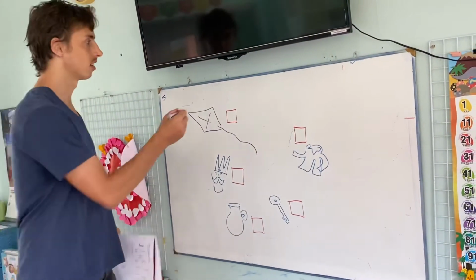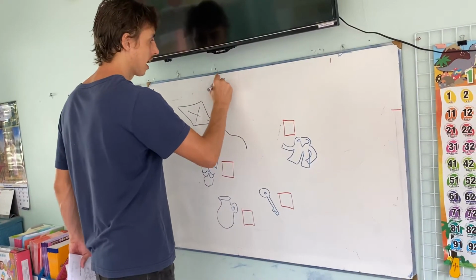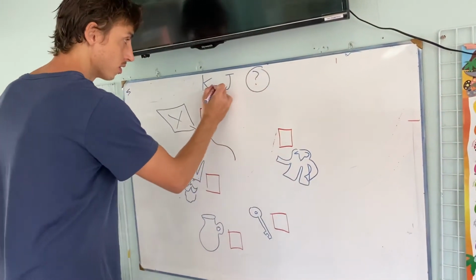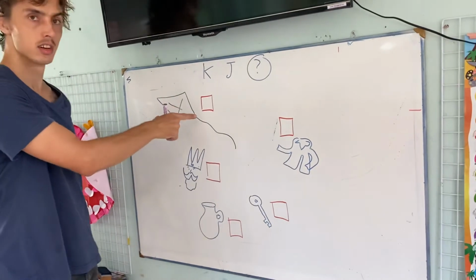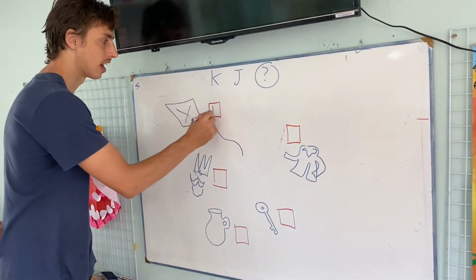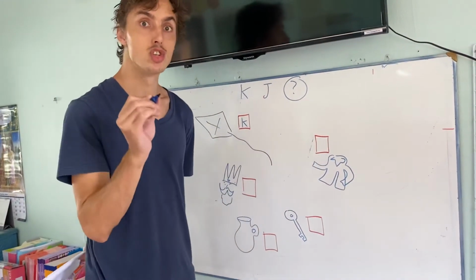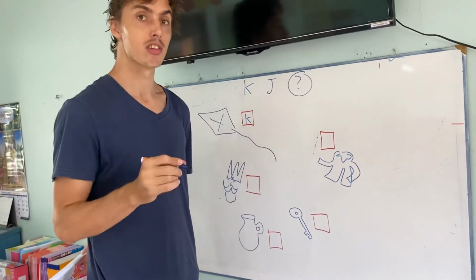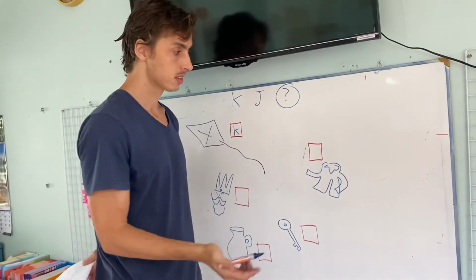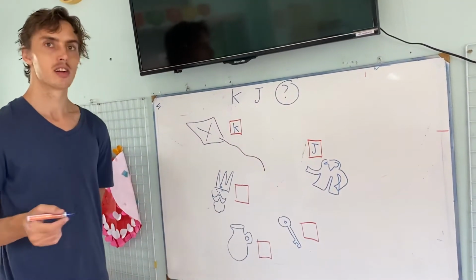Kite. Is it a K? K or J? Kite. K. Jacket. J. Jacket. K or J? J. Jacket. King.